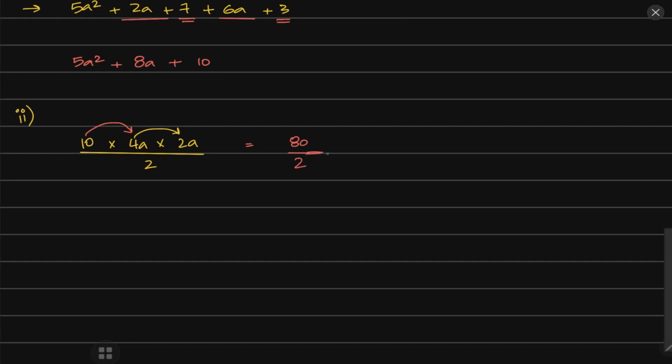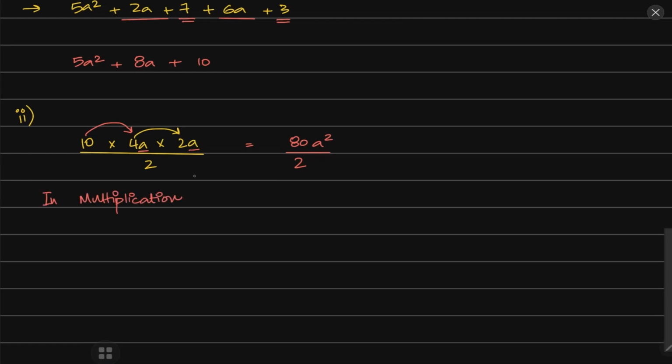But the variables are also multiplied with each other. I have a and a here, which will multiply to a squared. So when you're multiplying, the coefficients and the variables both will be multiplied with each other.